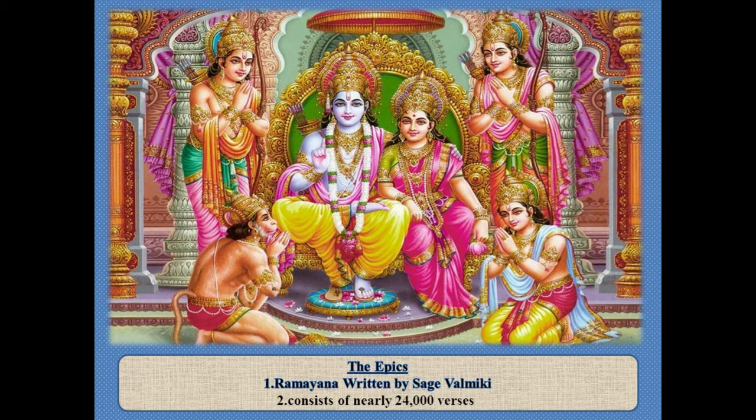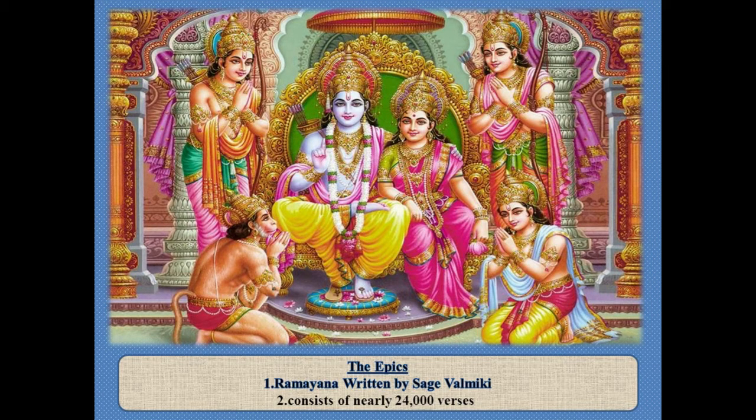Apart from all these Vedic literature, the next one we come across is the epic period. Two great epics were composed in India by different sages, and one of the most important epics of India is the Ramayana, written by the sage Valmiki.